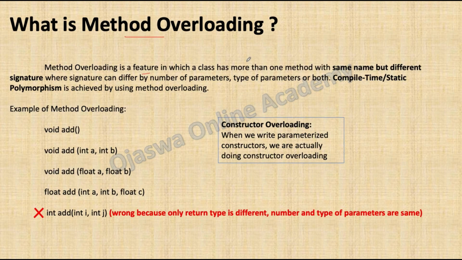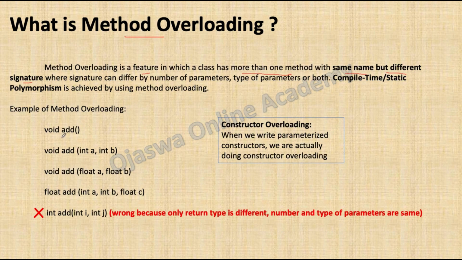A class has more than one method with the same name but different signature, where signature can differ by number of parameters, type of parameters, or both. Compile time or static polymorphism is achieved by using method overloading. So let us try to understand this definition. When you are implementing method overloading, you need to follow some rules, and the rule is a class has more than one method with the same name.